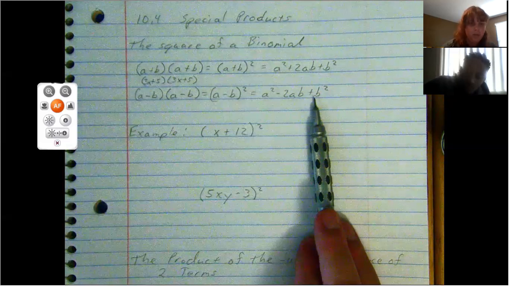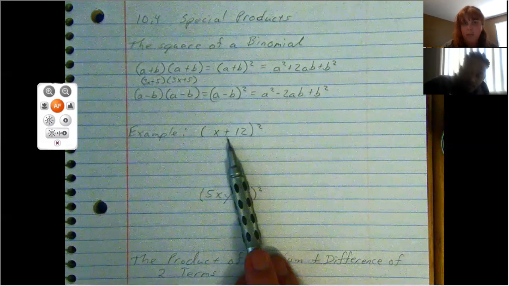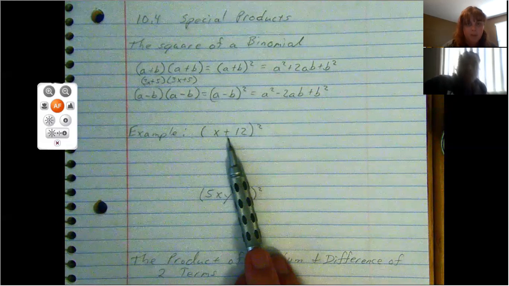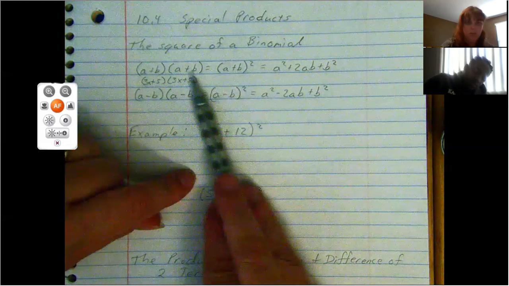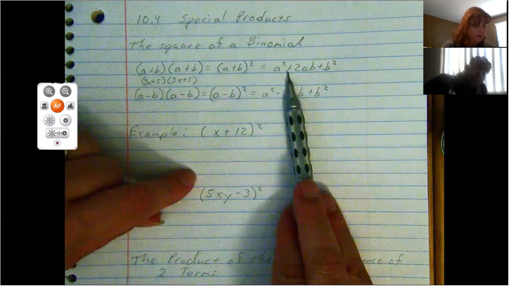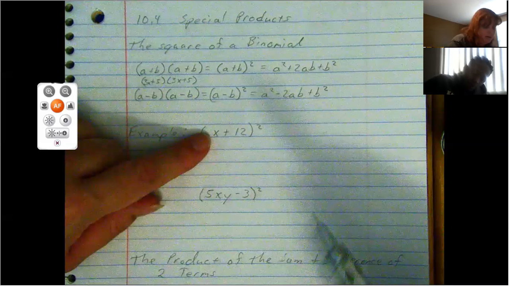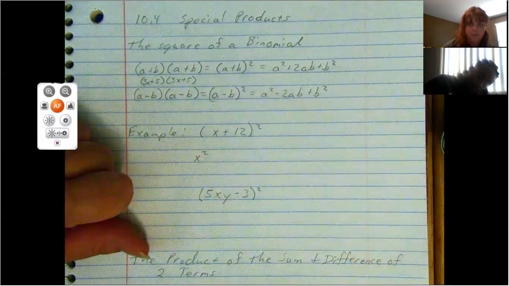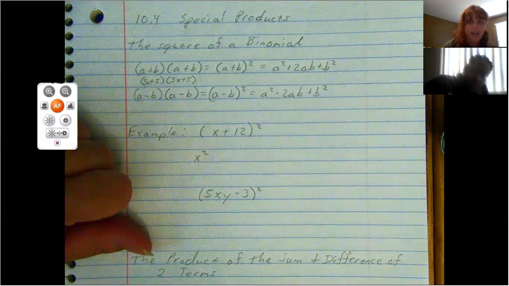Okay, so the first example I have for us is one with a plus. If we look at this example and we look up here at what's going to happen, the first term is going to be squared. So we would end up with x squared. What am I going to do to get my second term?